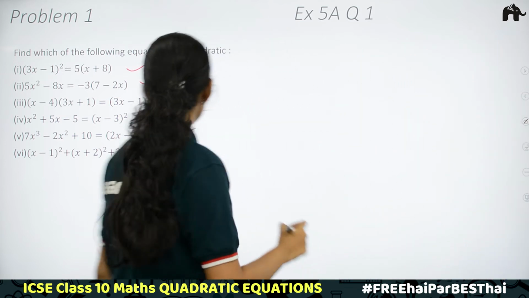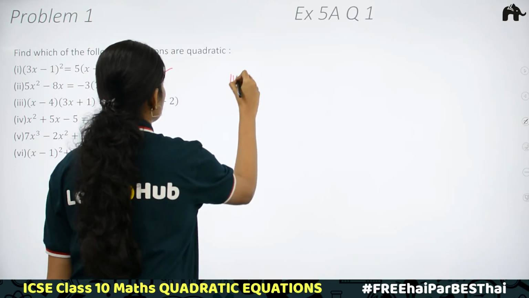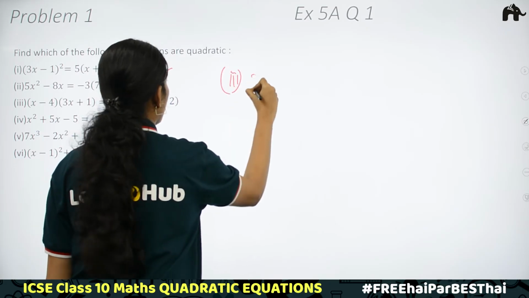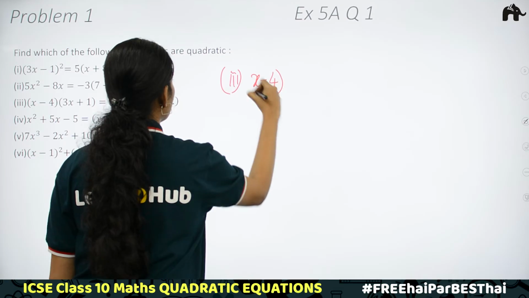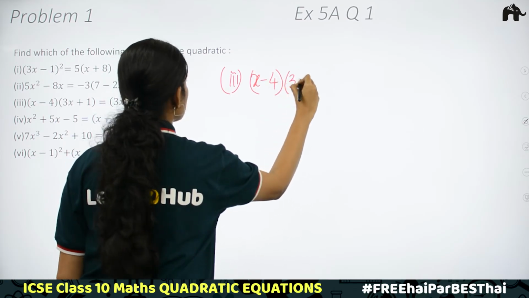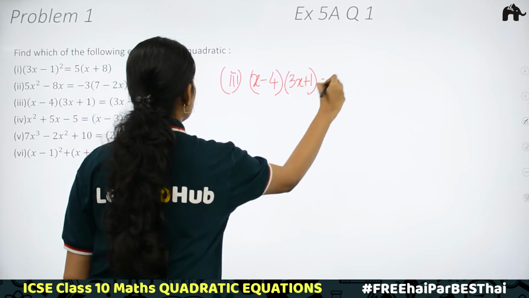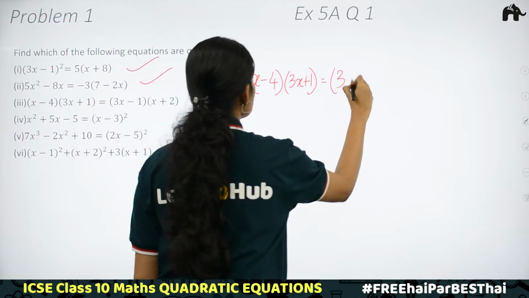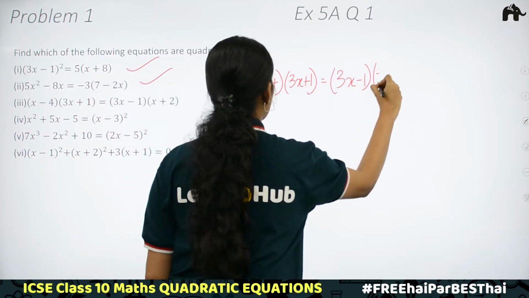Now let's take the third expression. The third expression we have x minus 4 into 3x plus 1 is equal to 3x minus 1 into x plus 2.